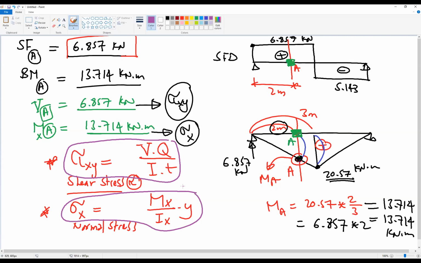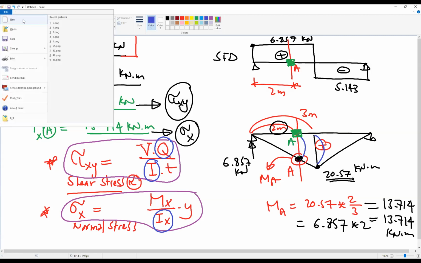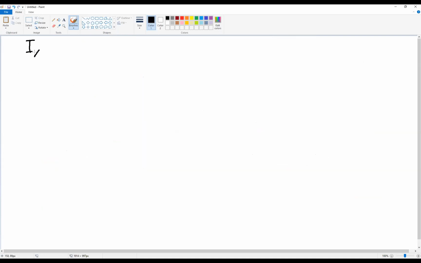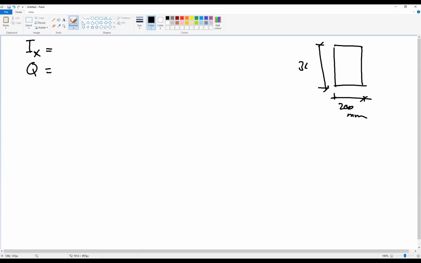To apply these two formulas, we need to know Ix, and also we need to know Q. So before proceeding in the problem, we need to find Ix and also Q. If we return back to the section, it was a solid section, 200 millimeter by 300 millimeter.